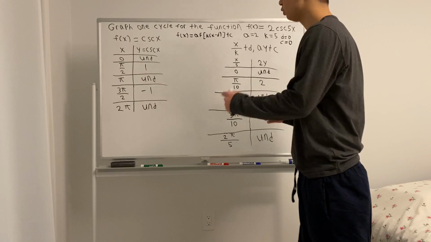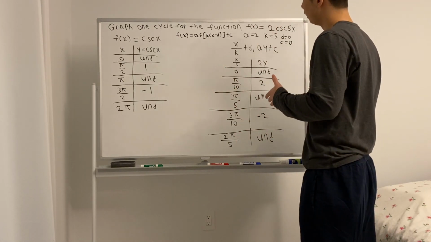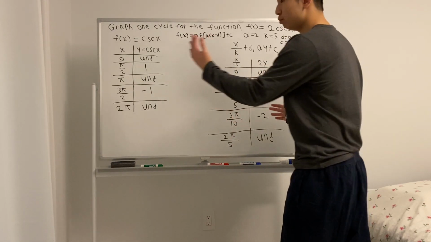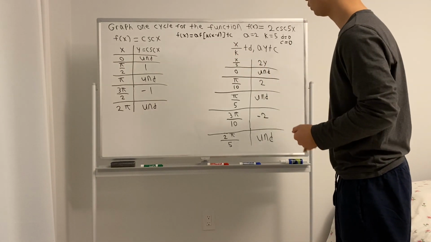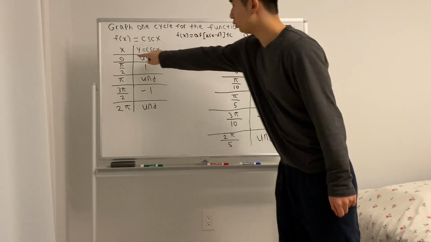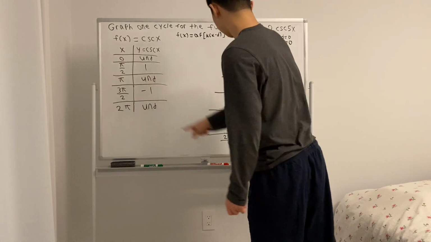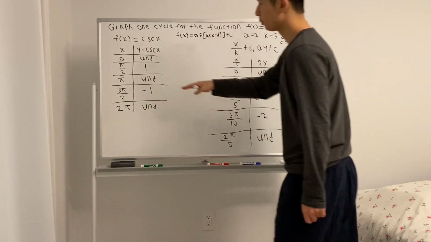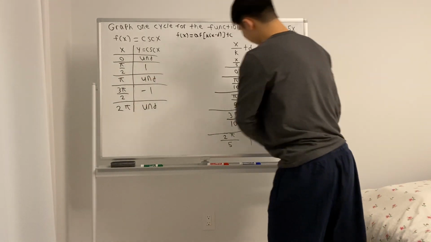The only transformations being applied are vertical stretches and horizontal compressions, but we're not actually moving the graph. So the undefined points are going to be in the same spot as in the parent function. So at 0, it's undefined. Same here, it's undefined. Here, this is pi. It got transformed to pi over 5, but it's still undefined. And same thing for the bottom one, okay?